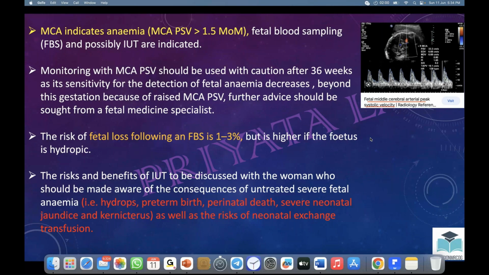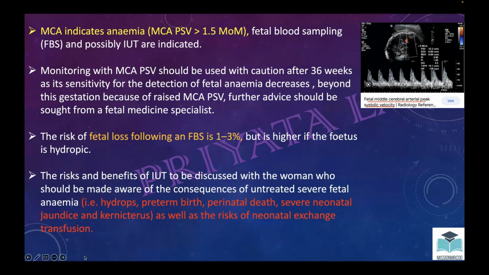If they find any significant antibody, they will detect what type of antibody it is and what the titers are. While the titer is less than 4, monitoring will be done 4 weekly and 2 weekly, and once the titer becomes more than 4 for anti-D, she will be referred to the fetal medicine unit, so that they will do MCA PSV. And how will we know alloimmunization has occurred? The moment we are able to detect anti-D antibody in the maternal blood, at that time we say that alloimmunization has occurred. Hope I have answered your question.